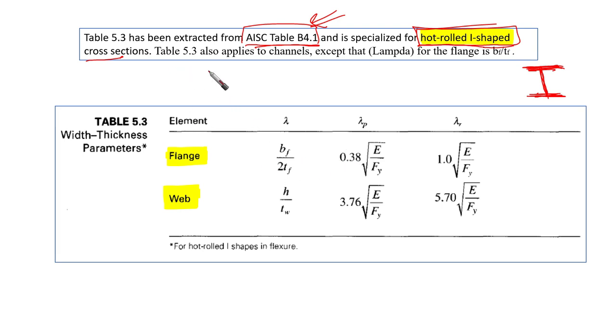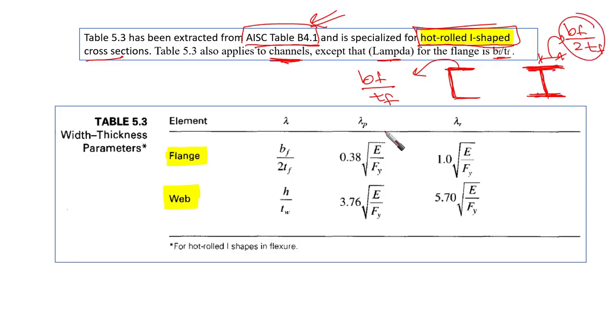The table also applies to channels, except that lambda for the flange is b flange over t flange. So it also applies to channels. However, for our I-section, this is going to be b flange over 2 t flange.